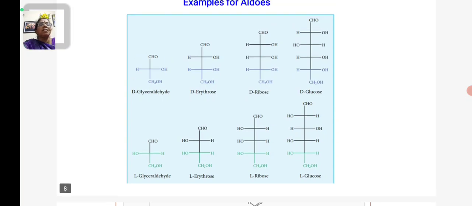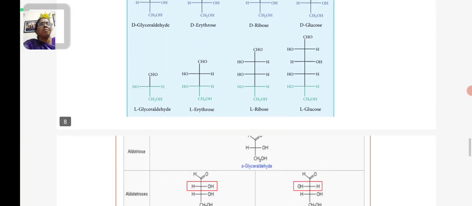Similarly for aldohexose, D-glucose and L-glucose, just a mirror image of the D form. Hope you have understood what monosaccharides are and examples of aldoses and ketoses. Thank you.